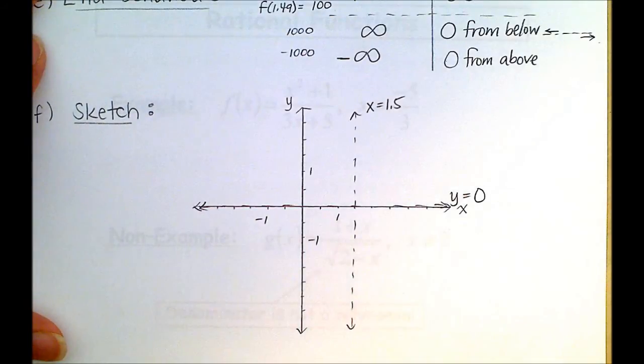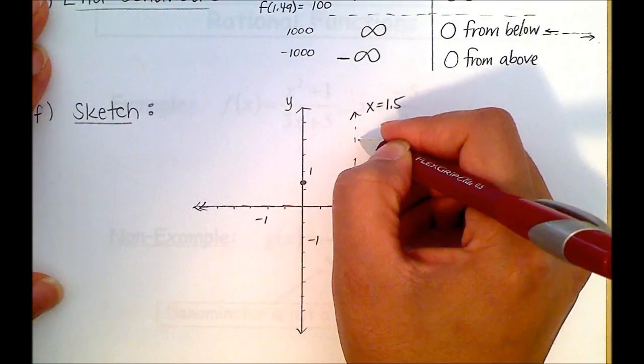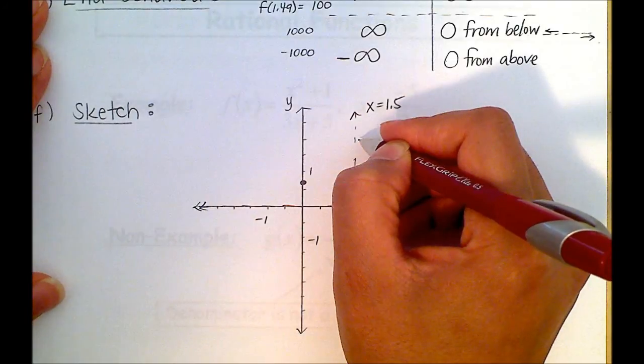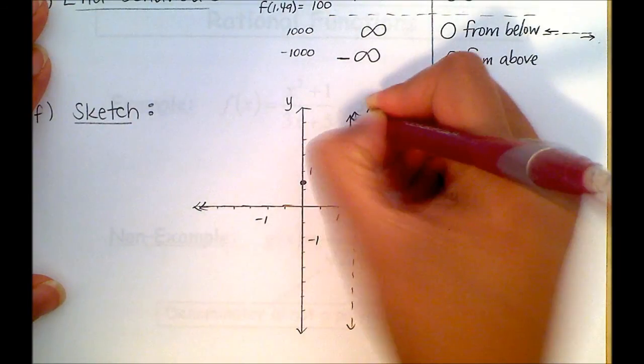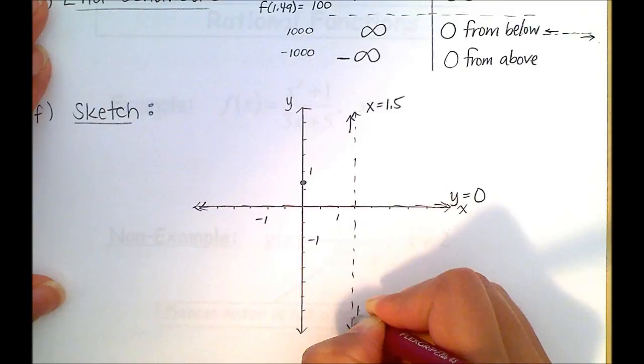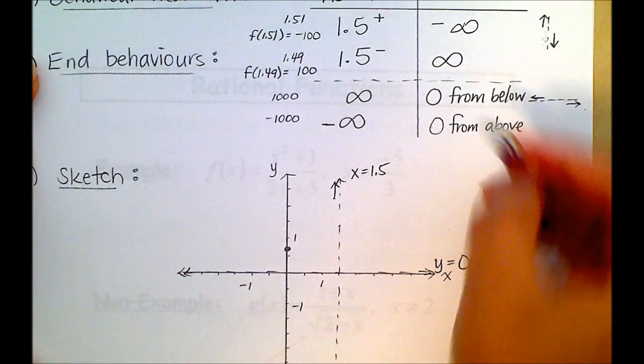And then using the behaviors near the asymptote, slightly to the left of the vertical asymptote, we had the function approaching positive infinity. And slightly to the right of it, we had it approaching negative infinity, just like we saw up here. So approaching positive infinity on the left and approaching negative infinity on the right.